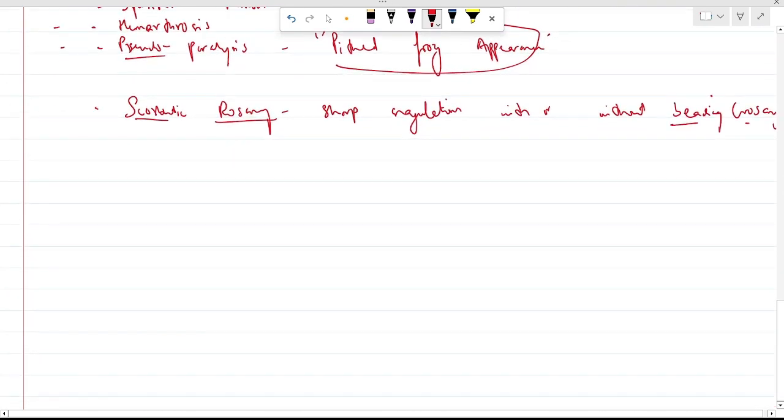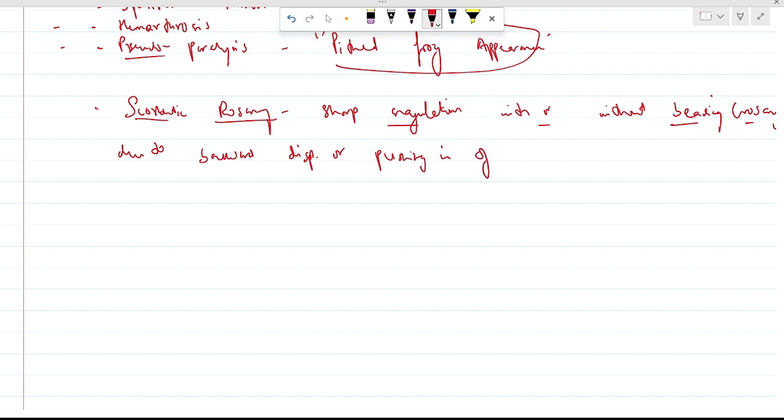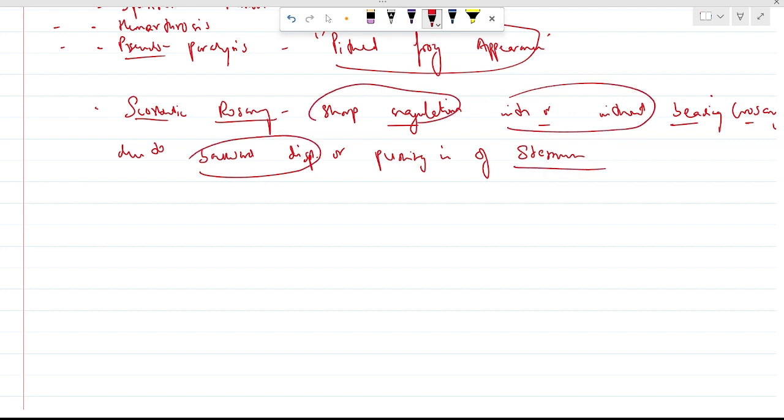Sharp angulations with or without beading are due to backward displacement or pushing in of the sternum. This is scorbutic rosary.